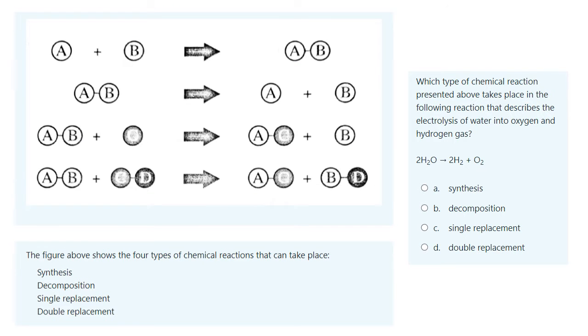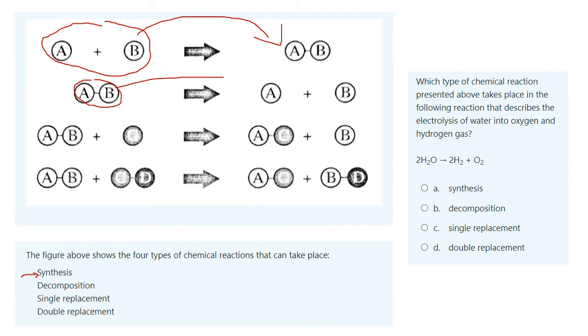Now, which type of chemical reaction presented above takes place in the following reaction that describes electrolysis of water into oxygen and hydrogen gas? Well, we have 4 types of reaction. When 2 things become one thing, this is synthesis. When one thing is broken down into 2 separate things, this is decomposition.